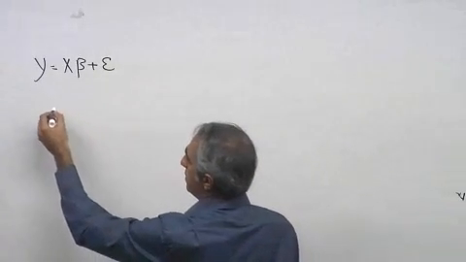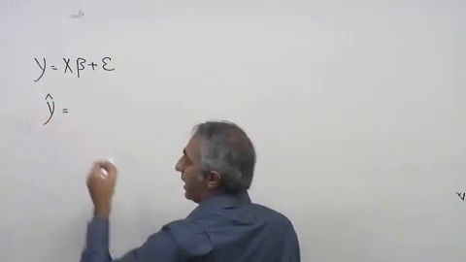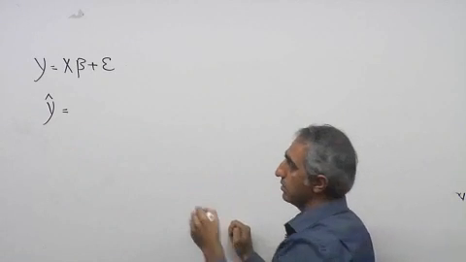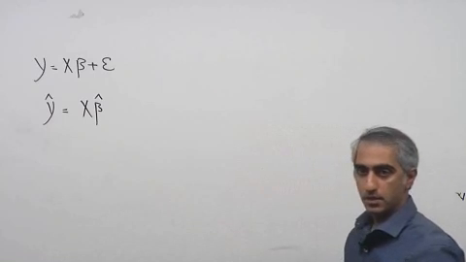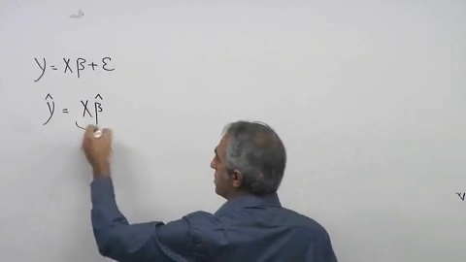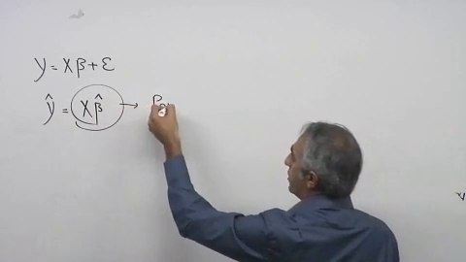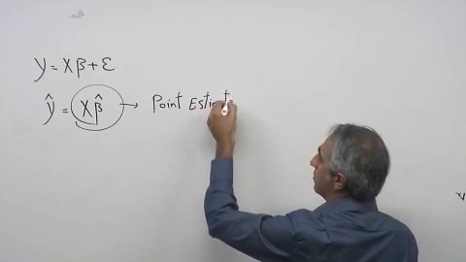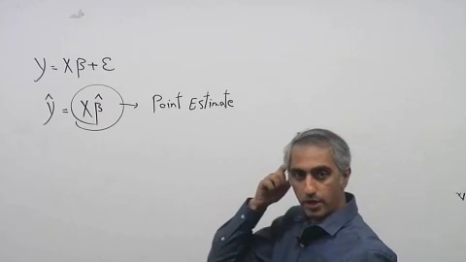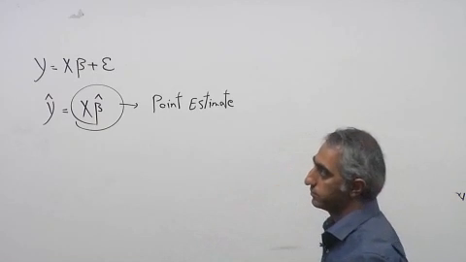Okay. Then we estimate y hat by x beta hat. So this is the point estimate for y, okay?